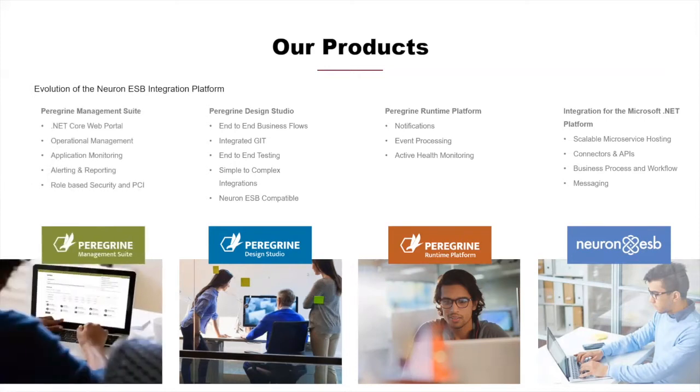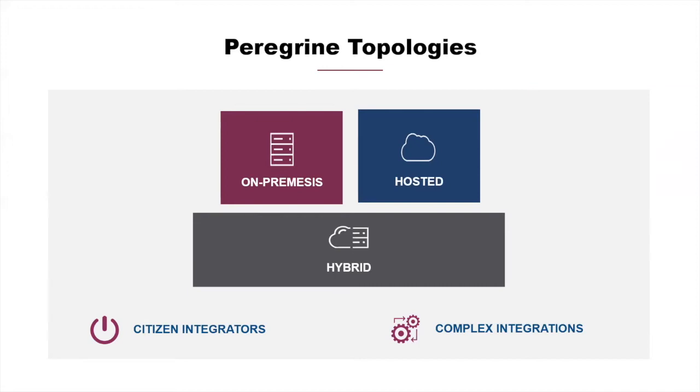Now, this is where the management suite comes in. The management suite, built on .NET Core, provides all the operational and application monitoring and management that you could imagine, including alerting and reporting, as well as a tight security model. Peregrine Connect supports a lot of different topologies.